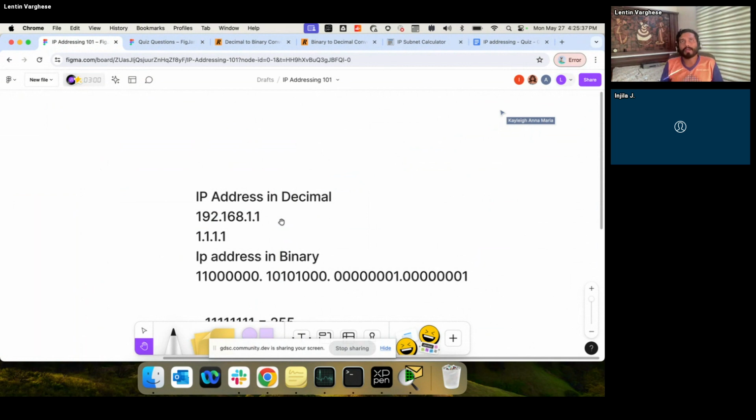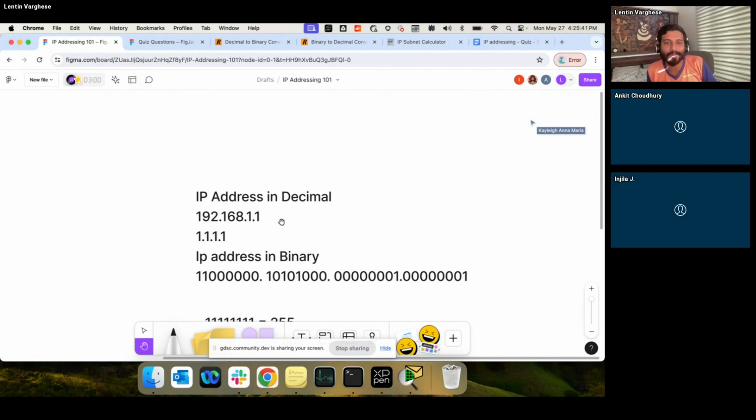So in reality, in computer language, an IP address in binary has octets. Can someone tell me what is an octet? If you don't know, it's cool. If you know, go ahead. What's an octet in binary? A hint, you are looking at it. Set of 8 bits. Exactly.